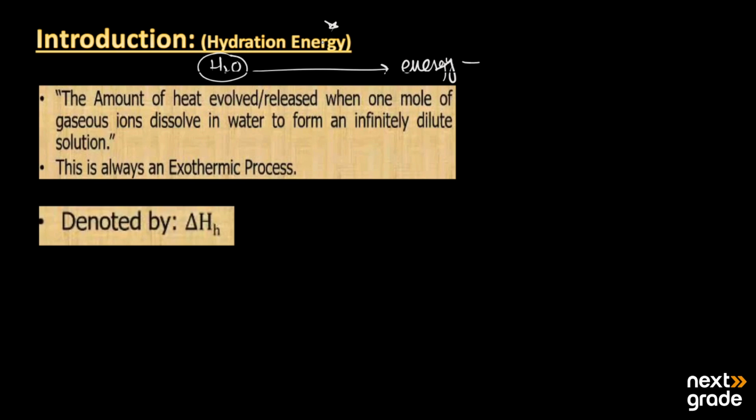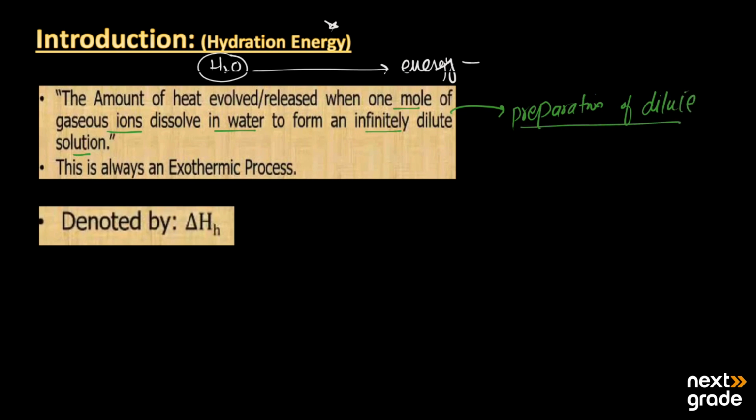Now, when and where is this hydration energy released? It is the amount of heat that is evolved or released when 1 mole of gaseous ions dissolves in water and forms an infinitely dilute solution. We do this process for the preparation of dilute solutions.